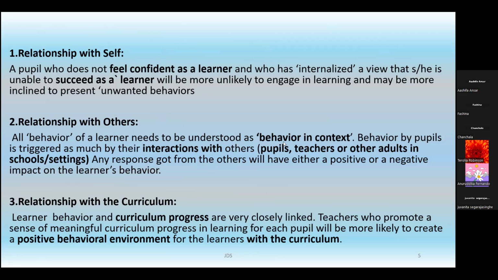That is what is identified as behavior in context. All behavior of a learner needs to be understood as behavior in context. He can't remain as an introvert. He has to have some kind of an interaction with his family, friends, and the others around him.